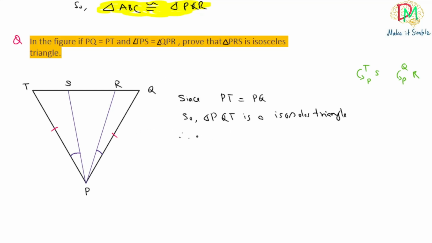You can write angle TQP, or we can write, considering these two small triangles, QTP equal to STP, and TQP we can write as RQP.